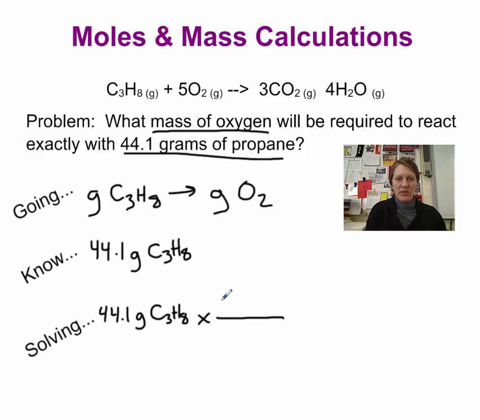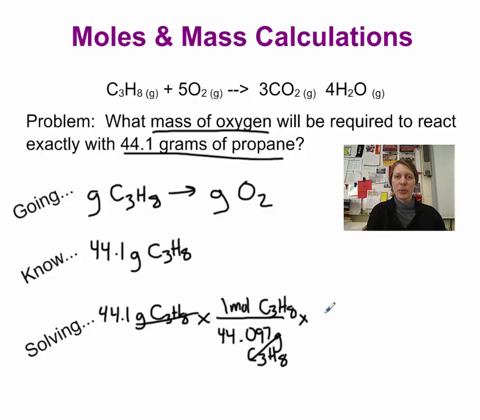So I'm going to multiply by my subscripts and get my final amount, which is 44.097 grams of propane per 1 mole of propane. I wrote the grams on the bottom because I need to cross out my units of grams here with my units of grams of propane there.